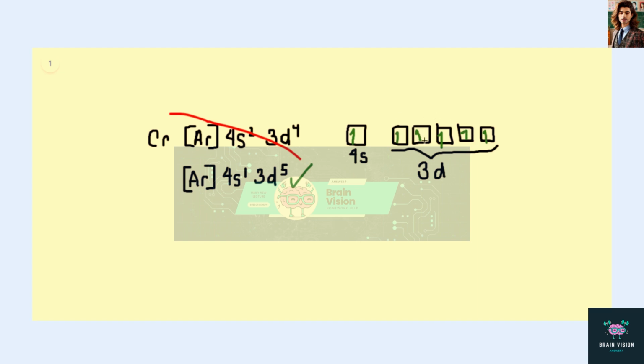So the fact that there's 1 electron in each orbital is more stable than having 2 here and only 4 here, because these two orbitals are close in energy.